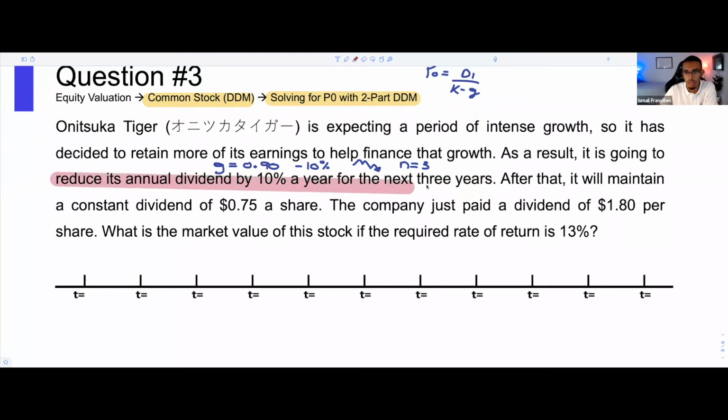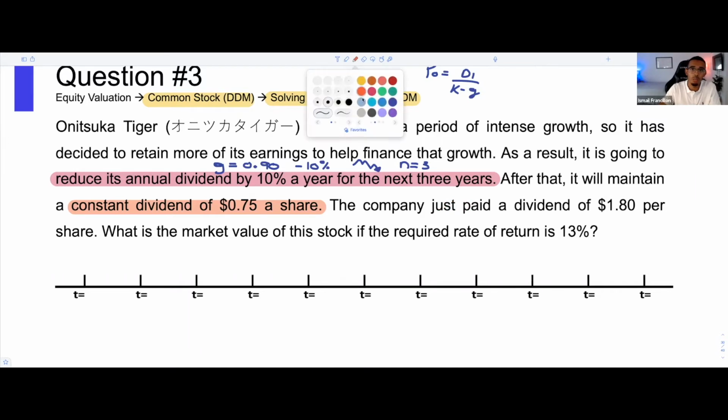So this is part 1. After that, it will maintain a constant dividend of $0.75 a share, and you want to assume that that's going to happen forever. The company just paid a dividend of $1.80 per year per share.